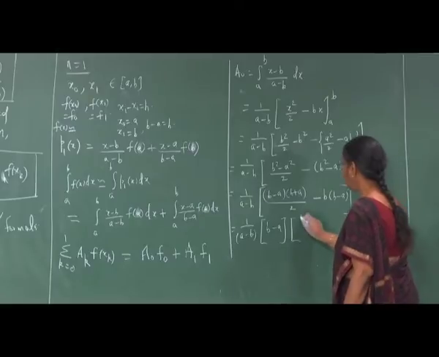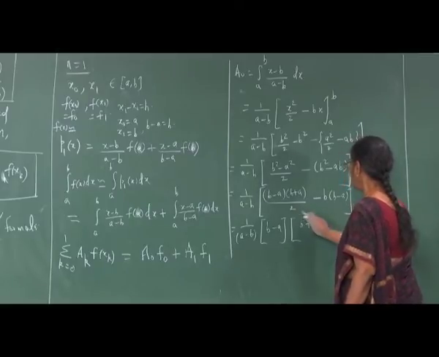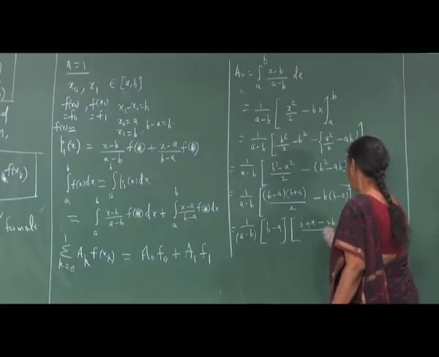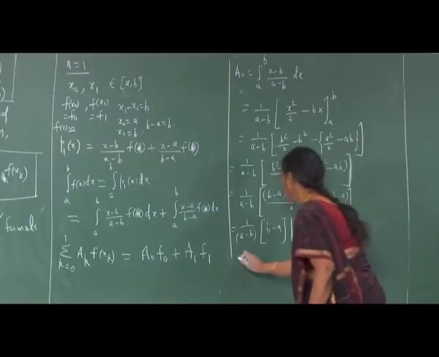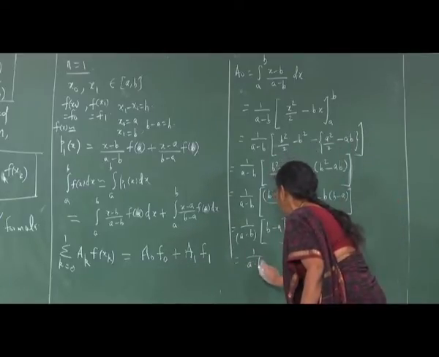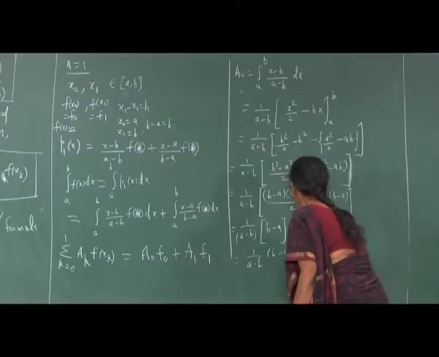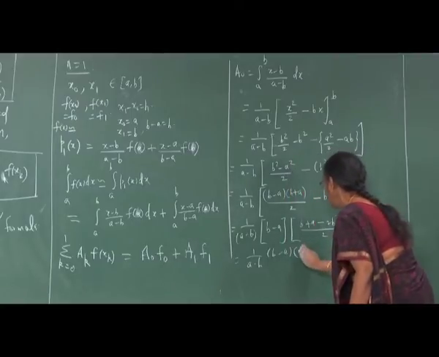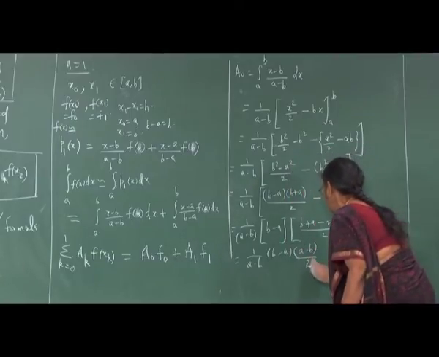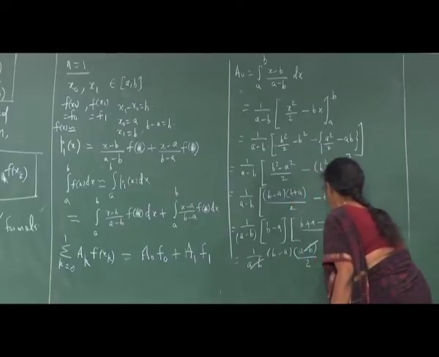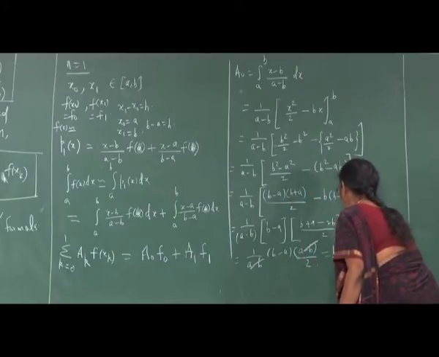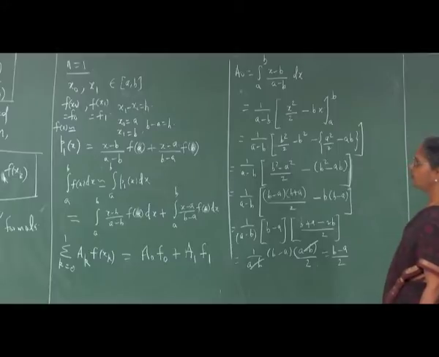So I am left with b plus a minus 2b by 2. So that will give me 1 by a minus b into b minus a into a minus b by 2. So the value of a naught is b minus a by 2.